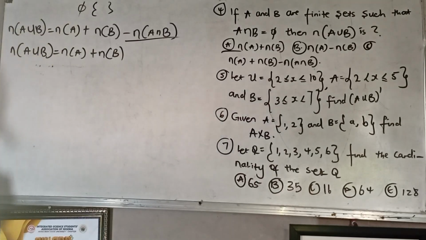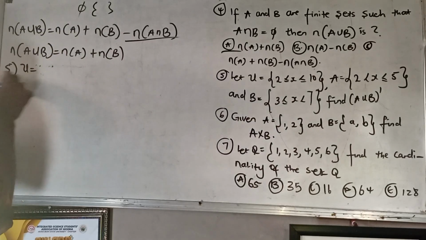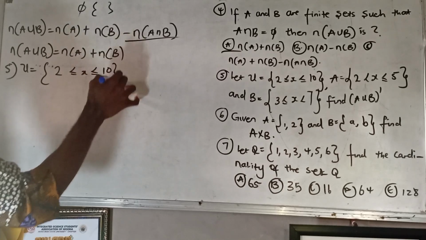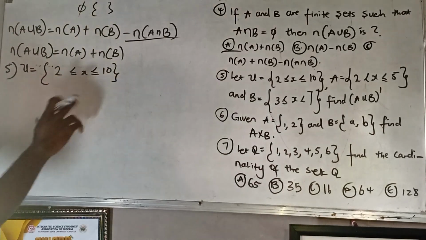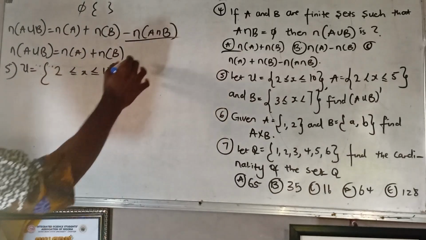Question number 5. There is a different one, let me bring it out. The universal set, question number 5, is equal to this. I want us to understand a scenario. If this is given, there's a difference between this and this.